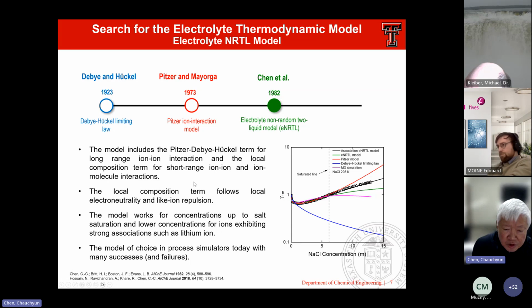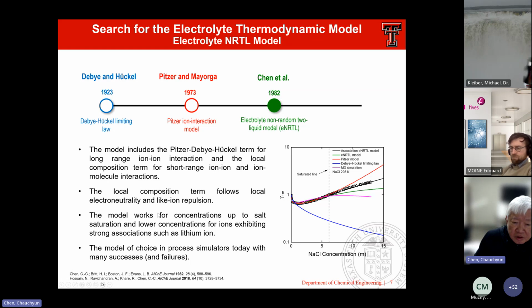The local composition model is actually consistent with the Debye-Huckel expression, because we consider so-called local electroneutrality and like-ion repulsion when we derive the local composition expression using the NRTL model. The model works well for many electrolytes with concentration up to salt saturation, even to 100% salt.